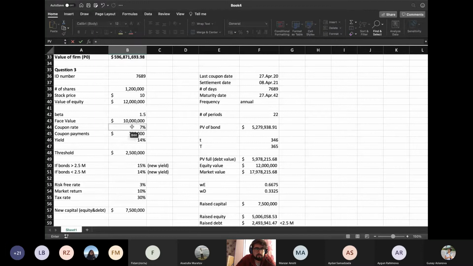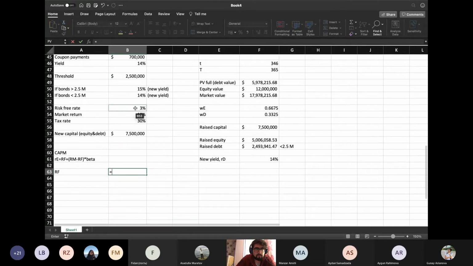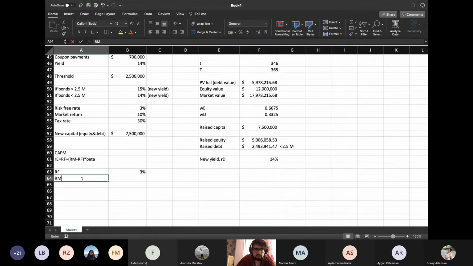Where is our RF? Risk-free rate here. RF, RM, 10%, beta is this amount.